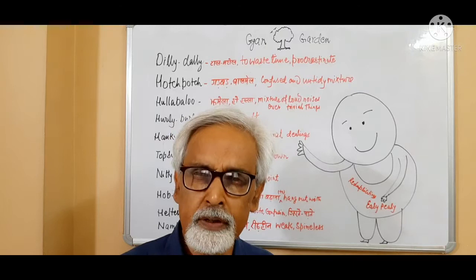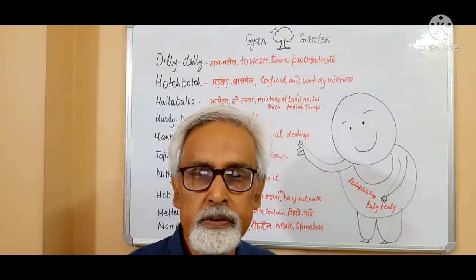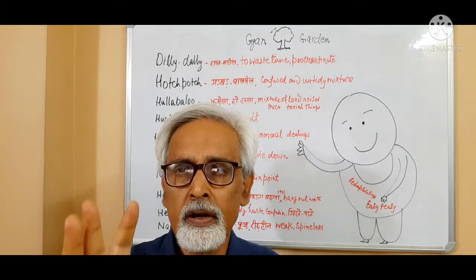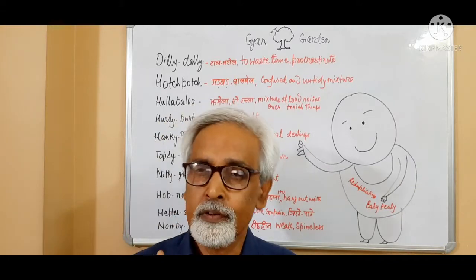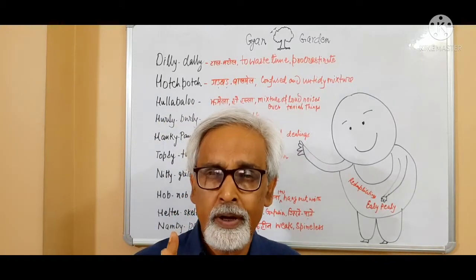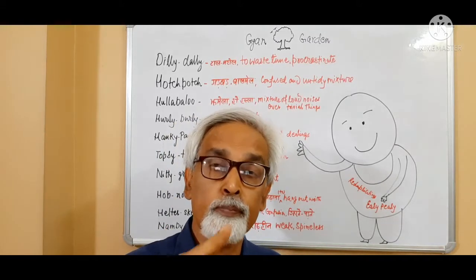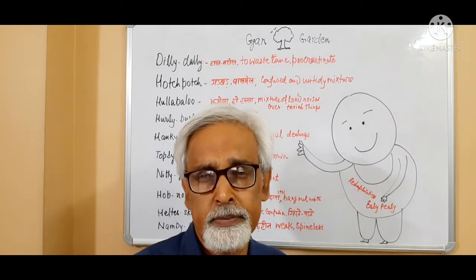So you have seen the attitude of various governments, not particularly this government. They all have been dilly-dallying. So this dilly-dallying is responsible for population explosion. टाल मटोल करना, आगे पीछे करना.